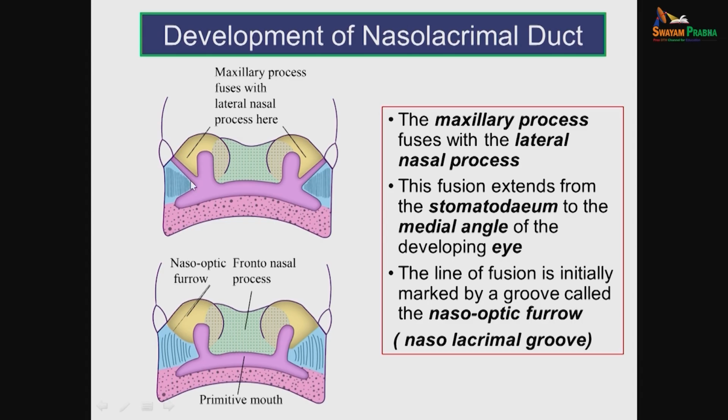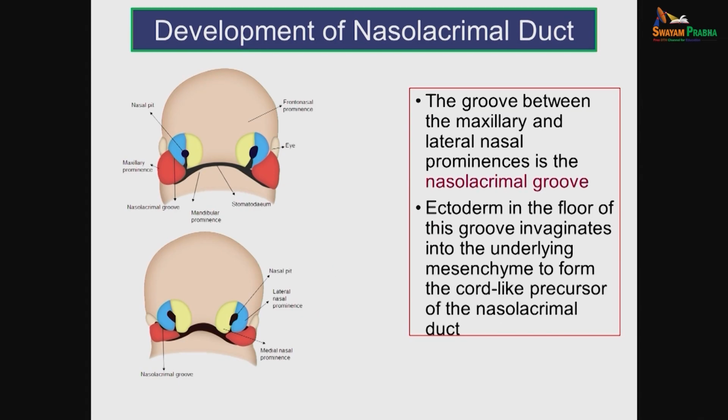You can see that the line of fusion is initially marked by a groove, shown here in pink. That groove is called the naso-optic furrow or the nasolacrimal groove.